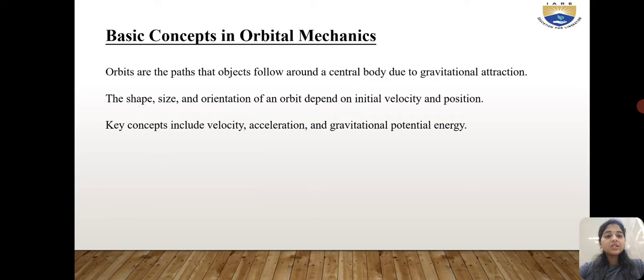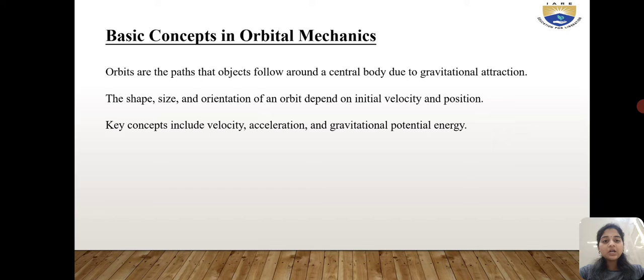Basic concepts in orbital mechanics. Orbits are the paths that objects follow around a central body due to gravitational attraction. The shape, size, and orientation of an orbit depend on initial velocity and position. Key concepts include velocity, acceleration, and gravitational potential energy.